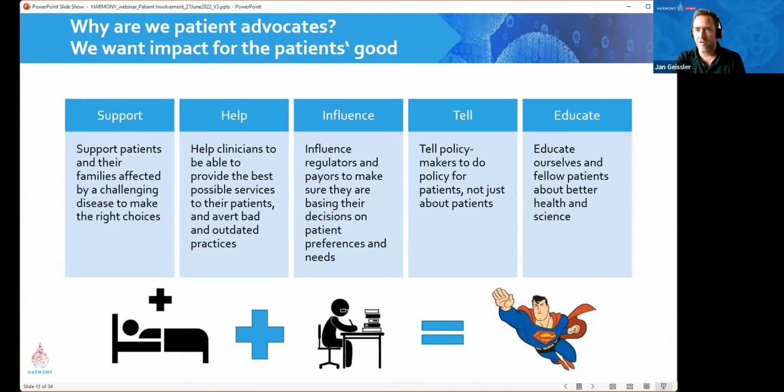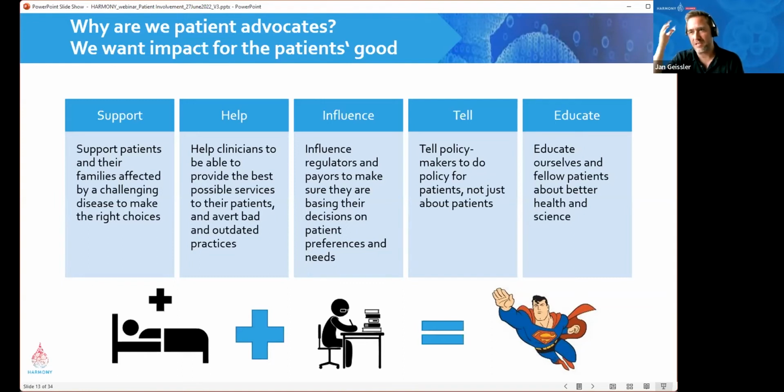Of course, we're trying to influence regulators and payers because they're taking decisions for society in terms of what we can afford, and for patients to protect their safety, and also make sure that efficacy and clinical effectiveness is ensured. So we want to make them, or help them, to ensure that the decisions they take are based on patient preferences, true unmet needs. And that's not always the case if we're not involved.